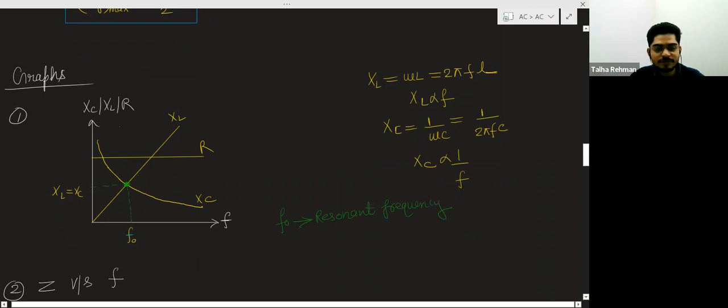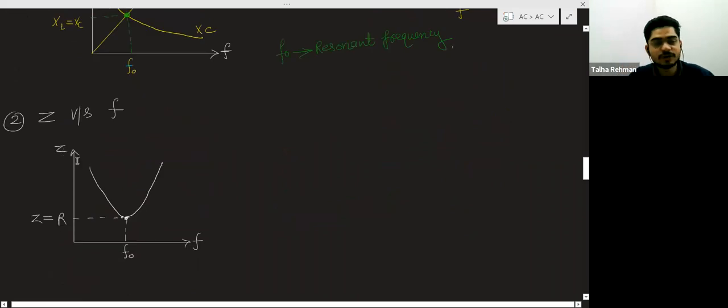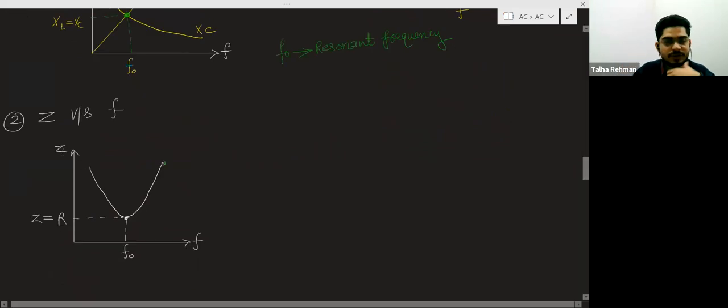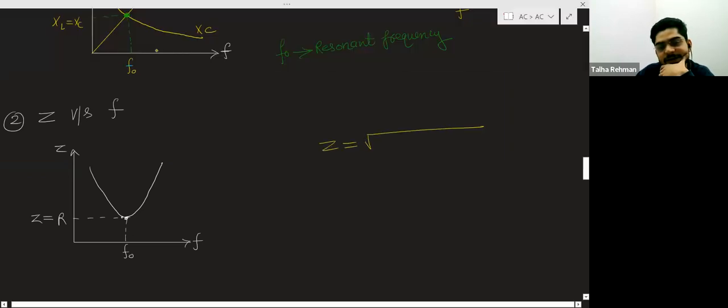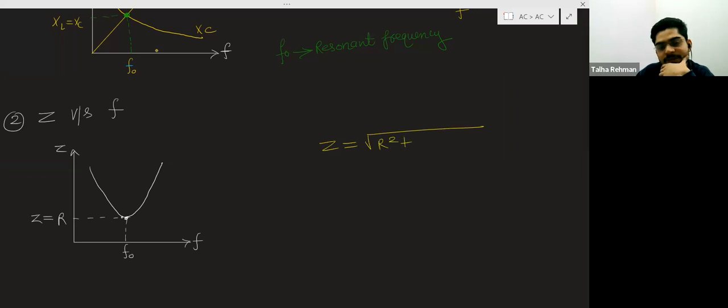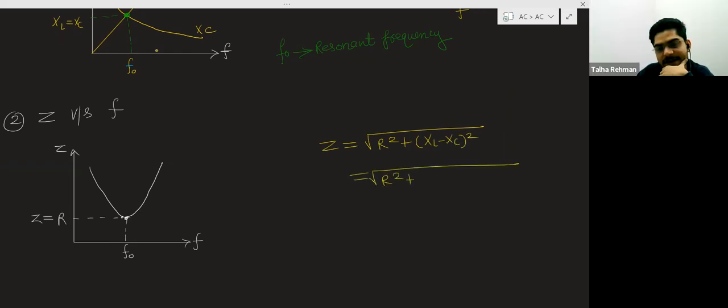Now there is one graph between the impedance and the frequency. How have I drawn this graph like this? I'm showing how. We know that Z is given by the square root of R square plus (XL minus XC) whole square. Resistance is R, but XL can be written as 2 pi into F into L, minus 1 upon 2 pi into F into C, and this is the square of this.